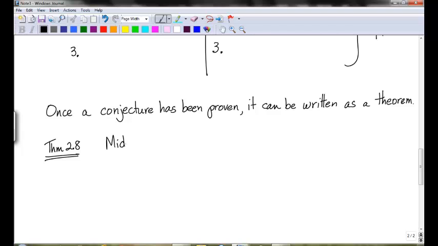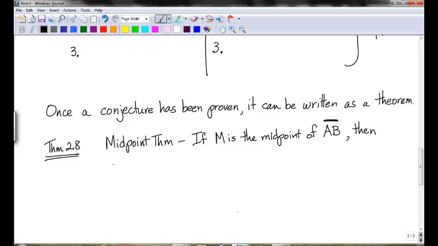Okay, it's called the midpoint theorem. And I use THM. That's okay to abbreviate. The midpoint theorem says if M is the midpoint of segment AB, and the way you can tell it's a segment is by that symbol up above, then segment AM, so put the line above it, is congruent to segment MB.